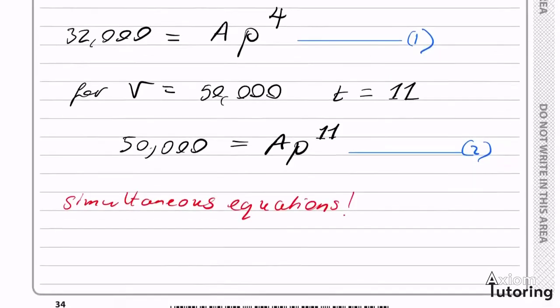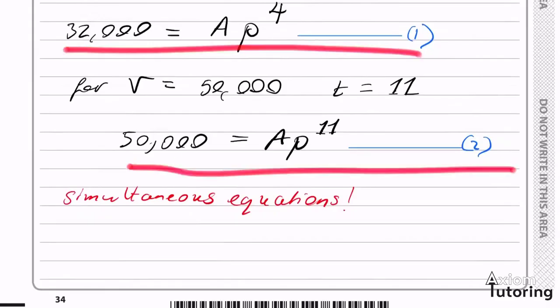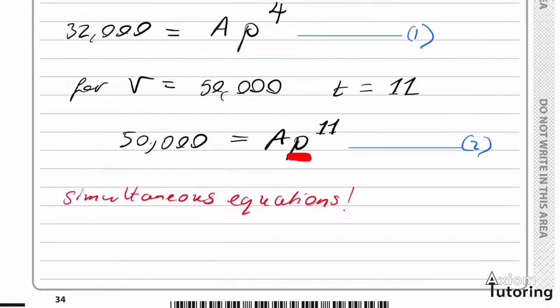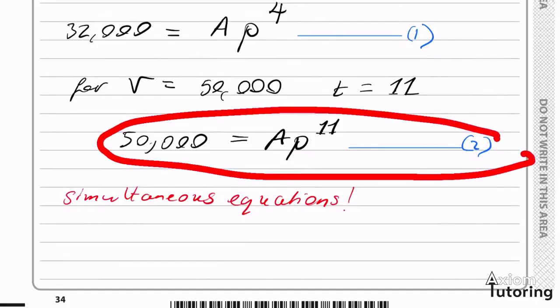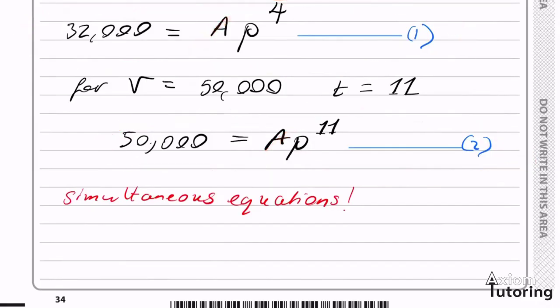So let's use them to get a value for P. Now, looking at these expressions, the easiest thing to do, since we just want to solve for P, is to get rid of A. So if we divide equation 2 by equation 1, that solves our issue, because then we can cancel out the unknown constant A. So let's do that.